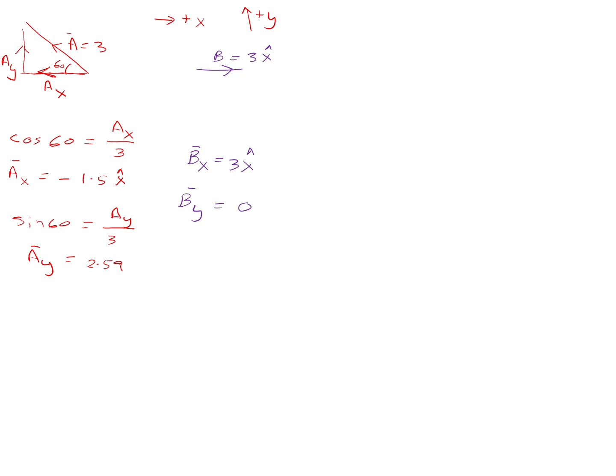And the third vector is, let me draw a triangle again. This is vector C, which is 4, and this is C_x, this is C_y.